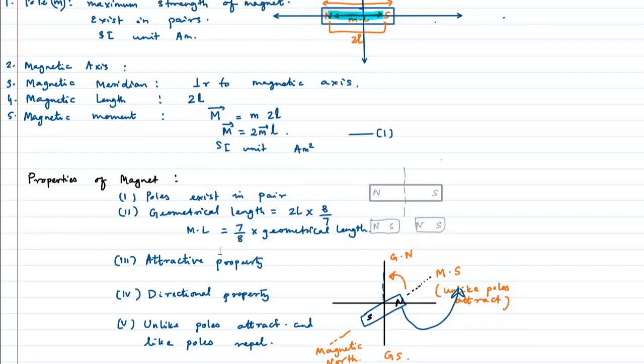In the properties of a magnet, you can see that I have written poles exist in pairs. Meaning if I take a magnet having north and south, and break it into two pieces, I am supposed to get a north and another south, separate ones, like this. But no, this doesn't happen. It breaks into two, and we get two magnets of reduced, halved magnetic strength.